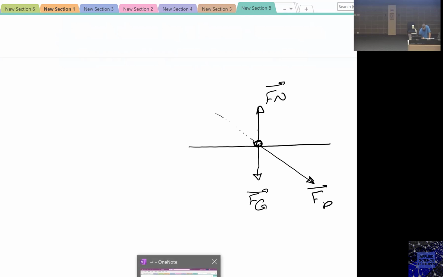Now the angle between the vertical and the force is 25 degrees. So this one is 25 degrees. I will put my coordinates right here.